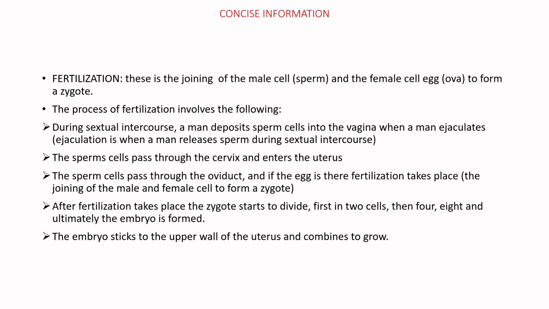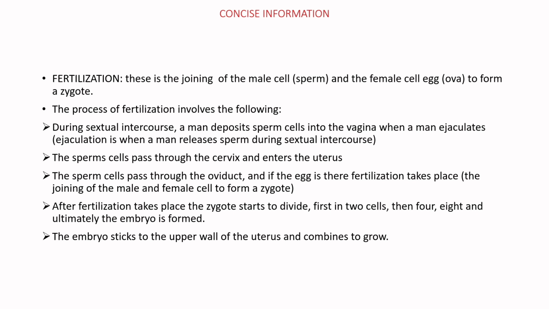Let me make a summary of what I have just explained. Fertilization is the joining of the sperm and the egg to form a zygote. Then you are done. If you're asked to describe, you simply say: during sexual intercourse, a man deposits sperm into the vagina.